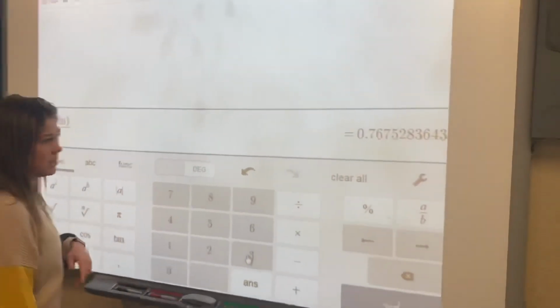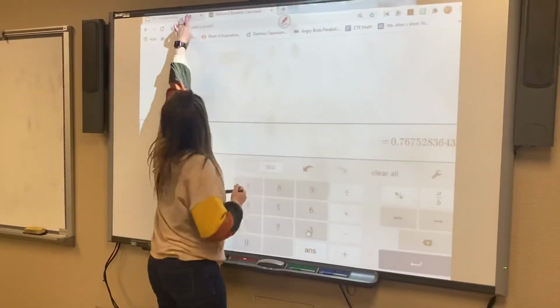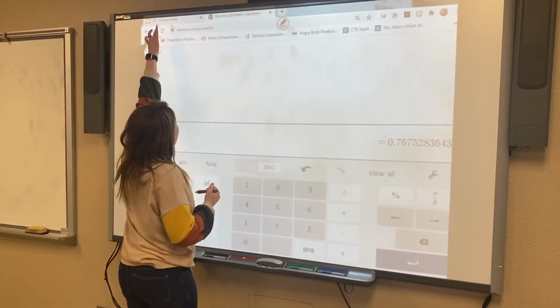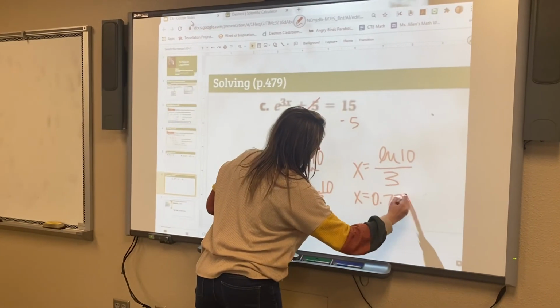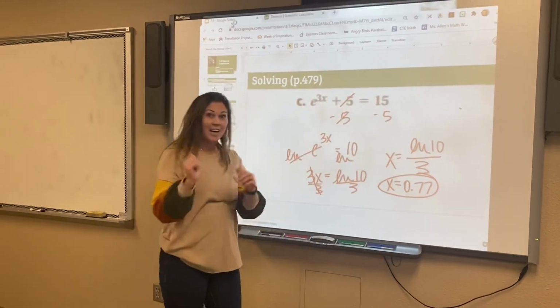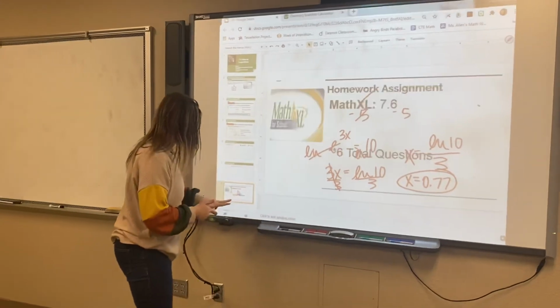So I'm just going to say 0.77, and we're done with this problem. x equals 0.77.